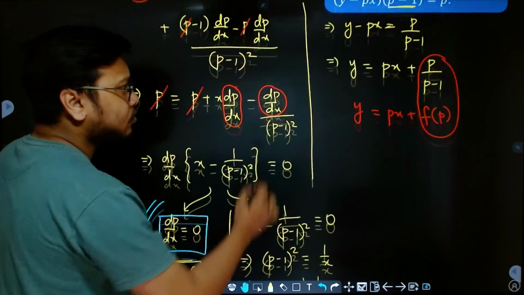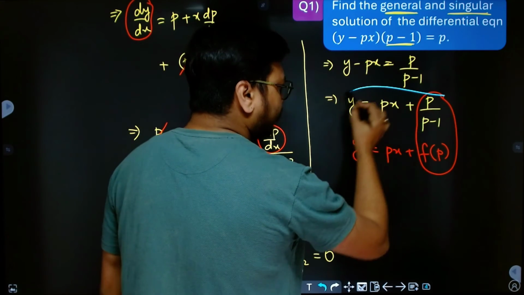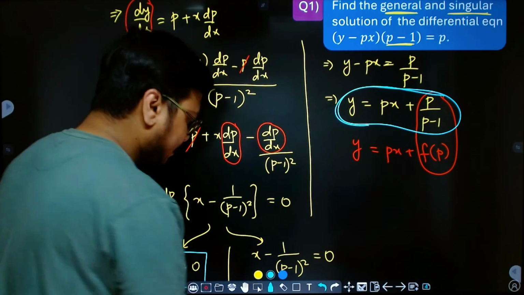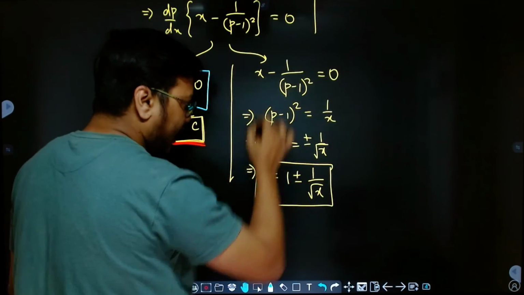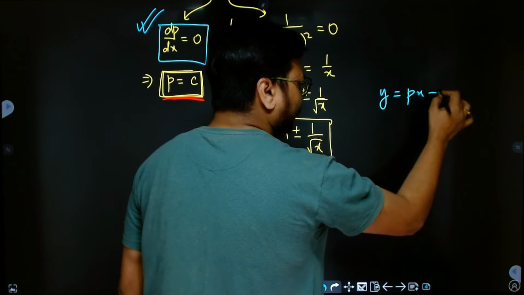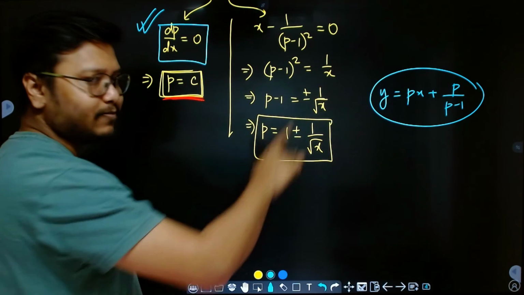Okay, so instead of taking the original question, let's put the p value in this form that we have got, y equals px plus p upon p minus 1. So we had already got the format y equals px plus p upon p minus 1. So let's put the values of p respectively.